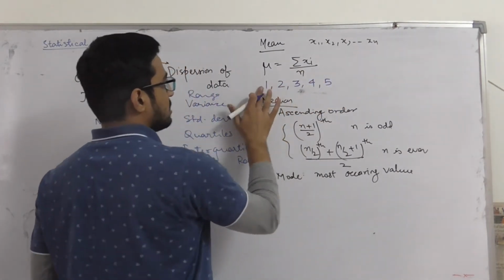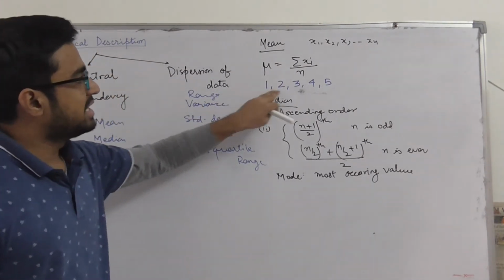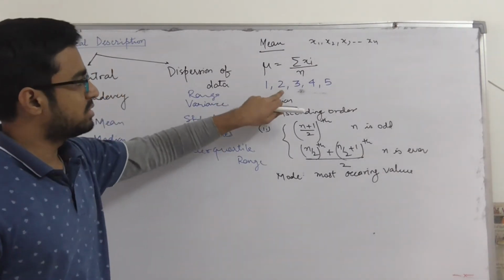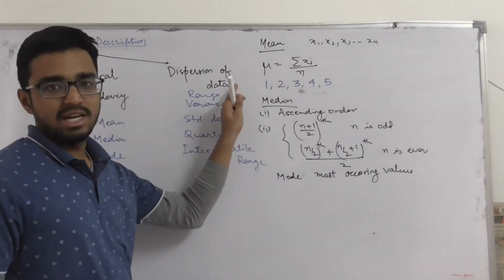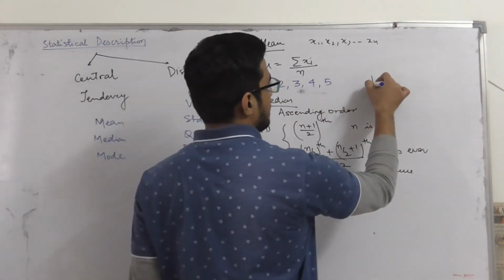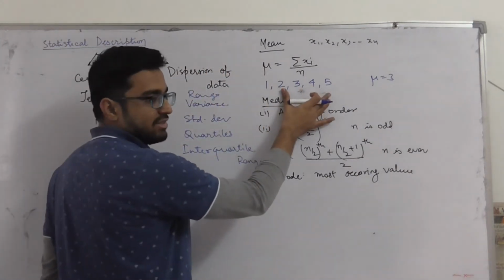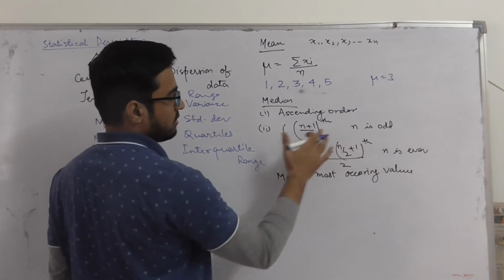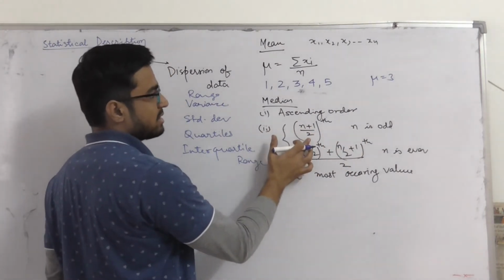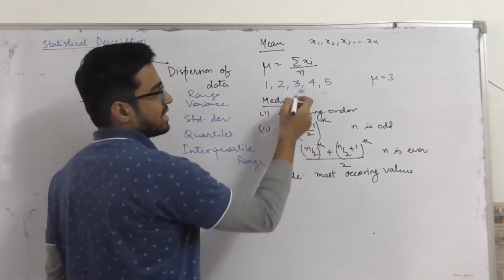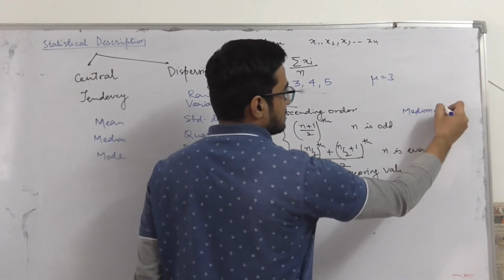It is simple that the mean of these 5 numbers is 3, because 1 plus 2 is 3, plus 3 is 6, plus 4 is 10, plus 5 is 15, and 15 divided by 5 gives a mean of 3. For the median, n is 5, which is odd, so we take the (n plus 1) by 2th term, that is 6 by 2, the third term, which is 3. So the median is 3.